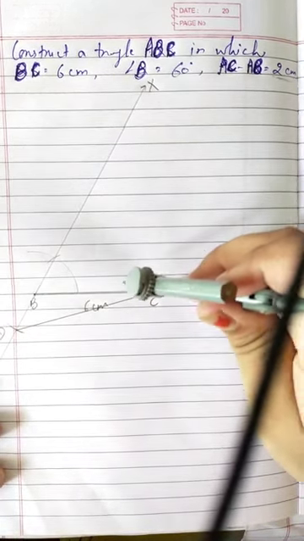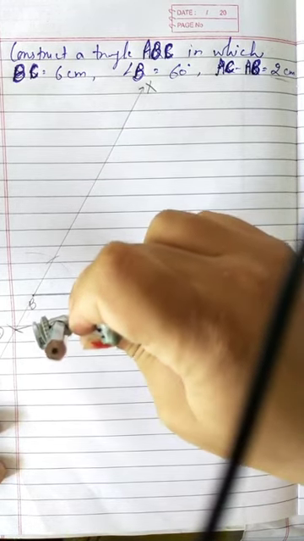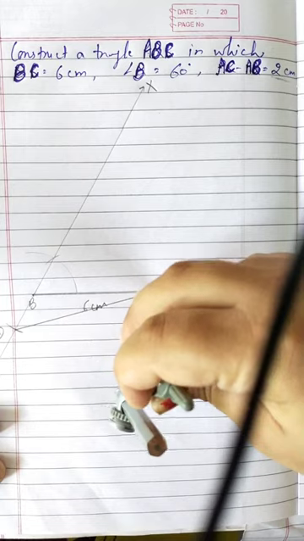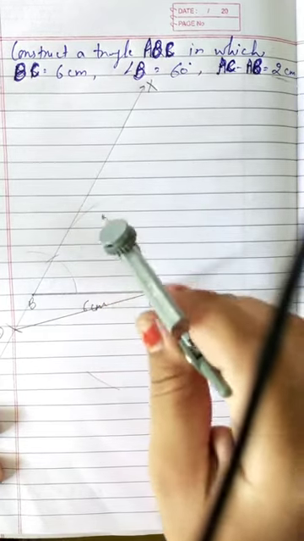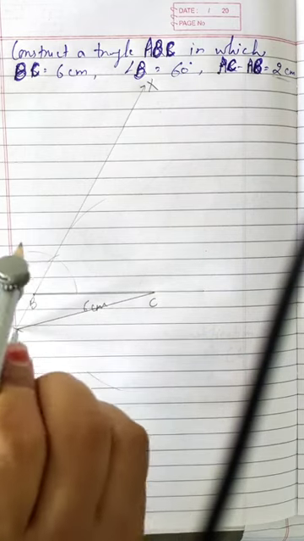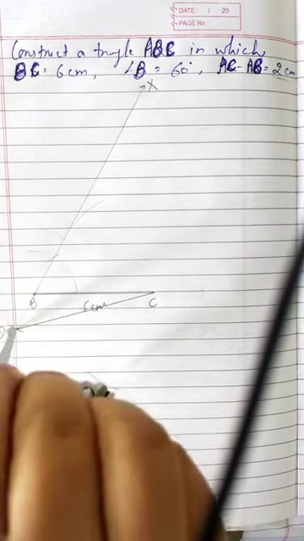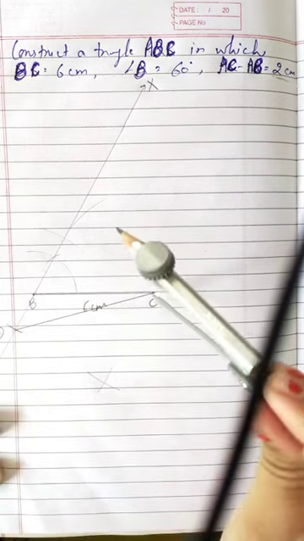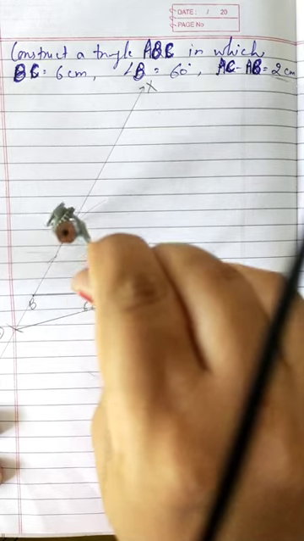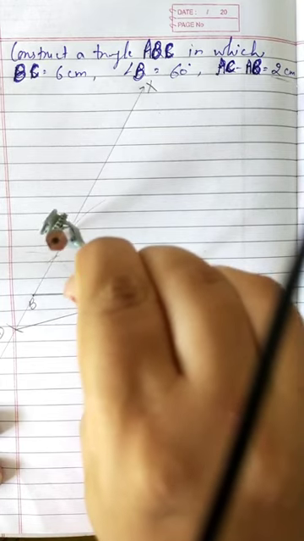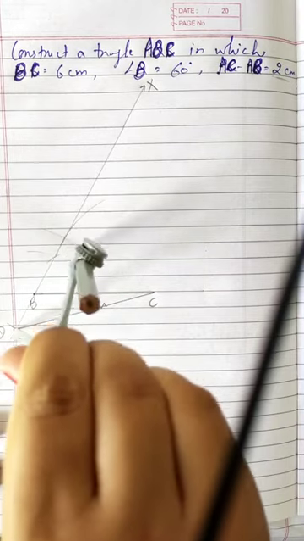You know how to make it well. First of all, place at C and open it more than half. Mark an arc up and down. Again for D, up and down with the same width. So it is meeting here, this and this.